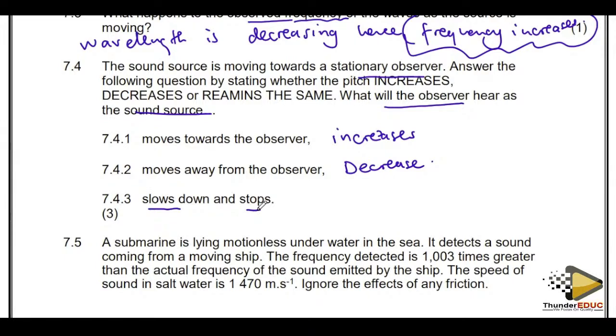It will increase back to the normal as the source slows down and stops. Remember, it is approaching you, so we expect it to increase, but it's not going to be higher than the original. So when it stops, it will be back to the normal. What you ordered is what you get.